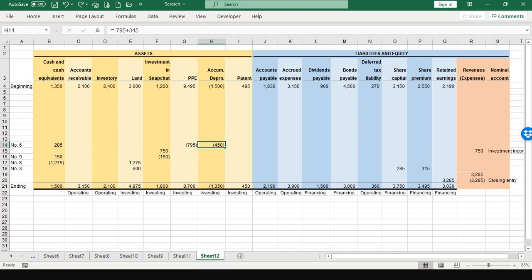And next is the 60 pesos loss on sale. So remember that the cash proceeds is 285 pesos. However, the carrying amount is 345 pesos. So if the cash proceeds is lower than the carrying amount, there is a loss on sale of 60 pesos.